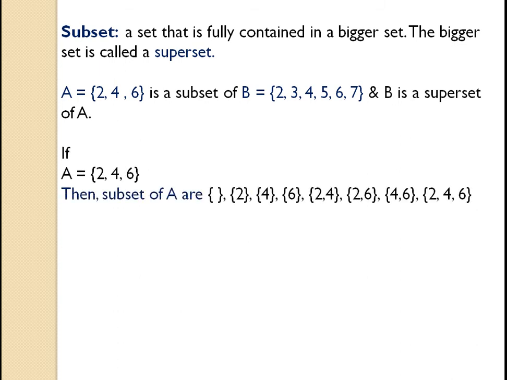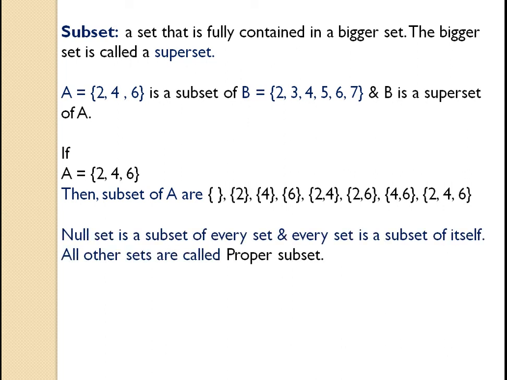What do we have next? If A = {2, 4, 6}, how can we make the subsets of A? The subsets of A are { }, {2}, {4}, {6}, {2, 4}, {2, 6}, {4, 6}, and {2, 4, 6} itself. The null set is always a subset of every set, and every set is a subset of itself. Remember that.